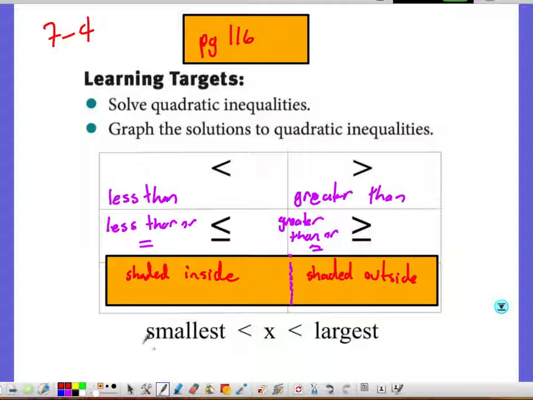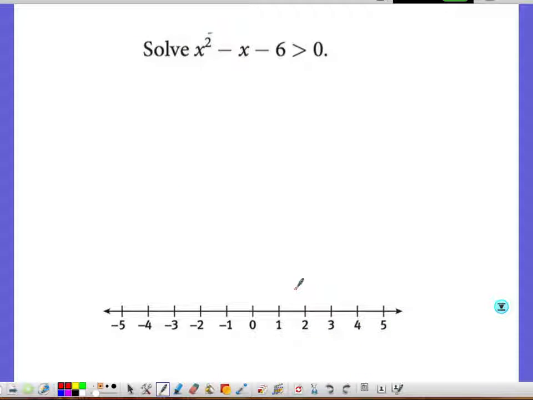And the only way this works is our smallest solution is on the left and our largest solution is on the right.